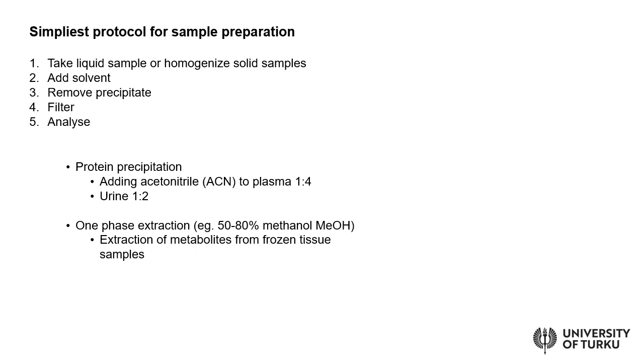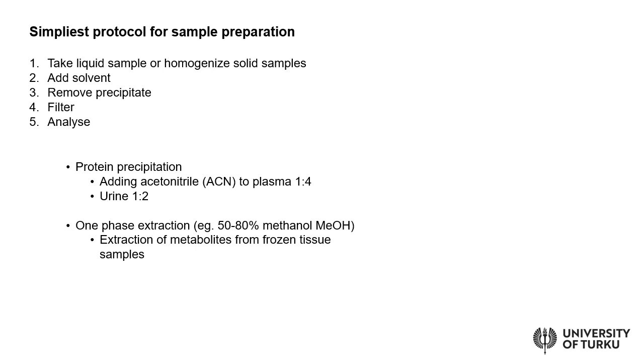But nevertheless, the solvent is added there to get rid of any impurities from the environment, and it is also needed for the sample to be injected into the instrument. After you have added the solvent and you see the precipitate, you centrifuge your sample, filter it, and then it is ready for analysis. So this is the simplest way to do metabolomics sample preparation.